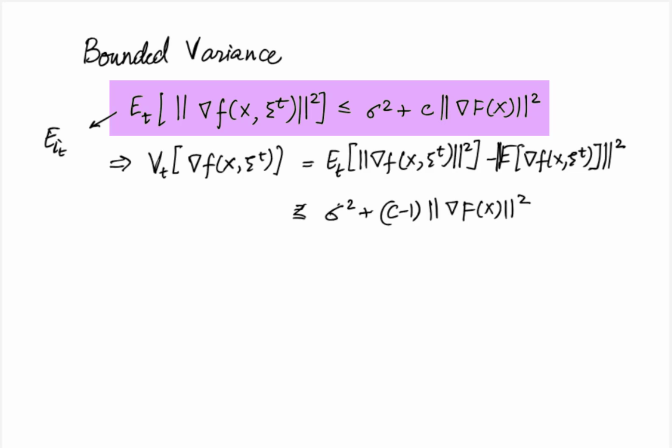In case the stochastic gradient was simply a gradient, the variance would become 0. So sigma would be equal to 0 and c equal to 1 in that case.